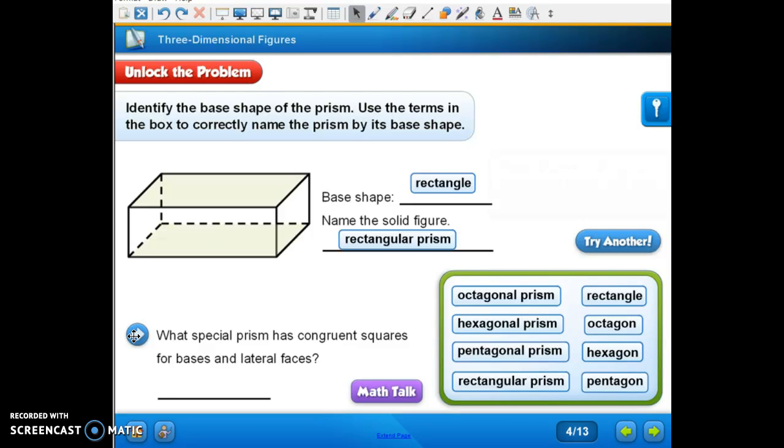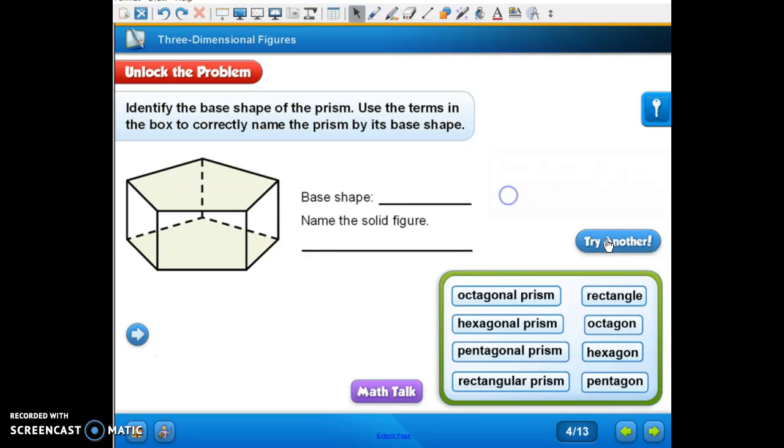What is this called? A cube. Its lateral faces and its base are squares, so cube. Okay, that's at the very bottom of the page under your purple box.